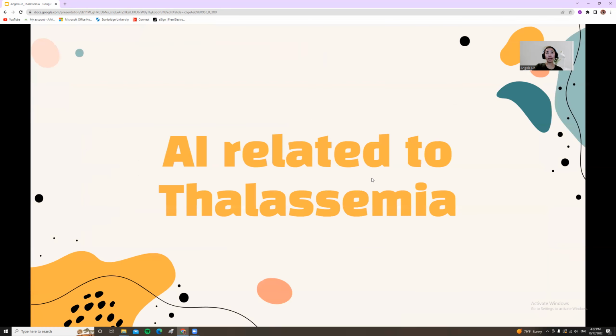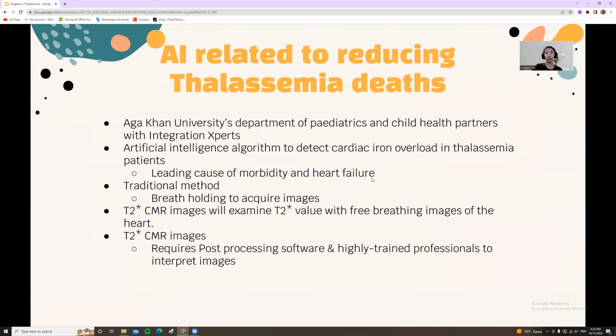Very quickly about AI related to thalassemia. So currently, Aga Khan University's Department of Pediatrics and Child Health teamed up with integrations experts to develop an algorithm, artificial intelligence that can detect cardiac iron overload in thalassemia patients, which is the leading cause of morbidity and heart failure.